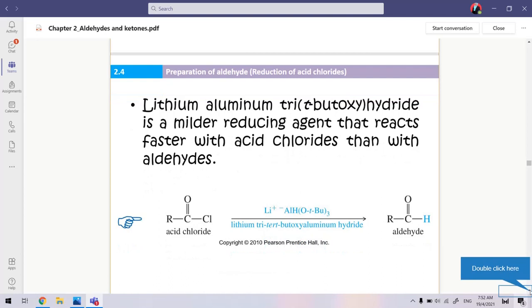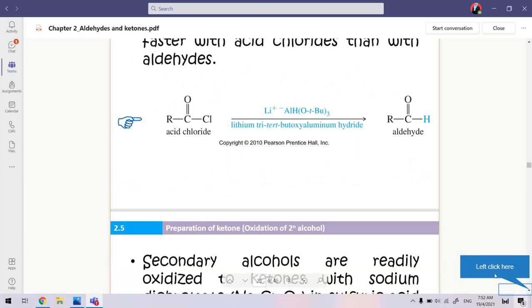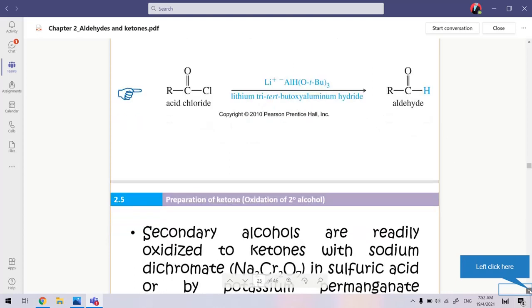And lithium aluminium tri-tert-butoxide hydride is a milder reducing agent that reacts faster with acid chloride than with aldehyde. So lithium tri-tert-butoxide hydride reduces the acid chloride Cl to hydrogen. So it will produce aldehyde.